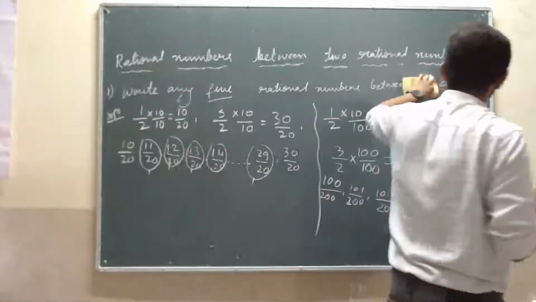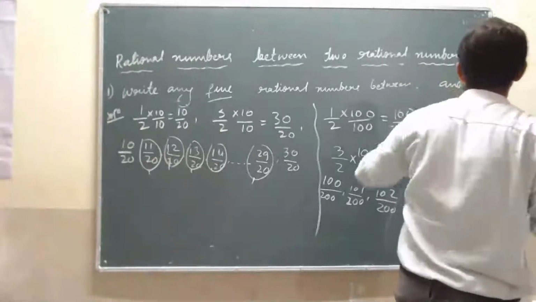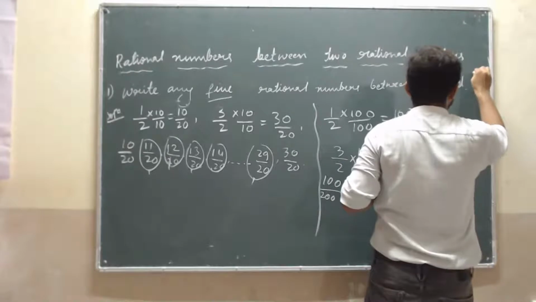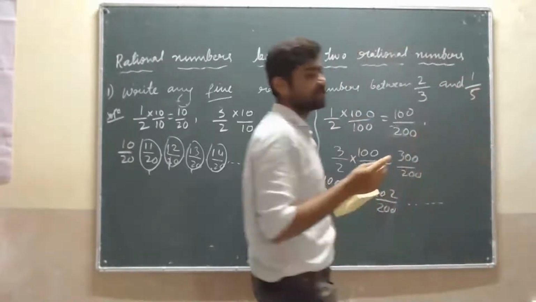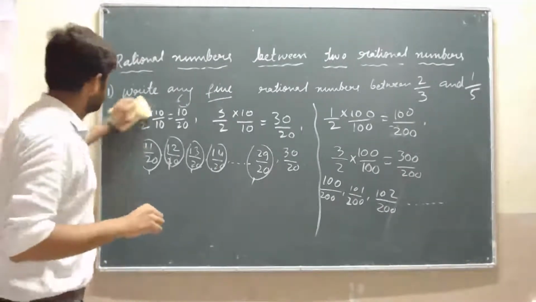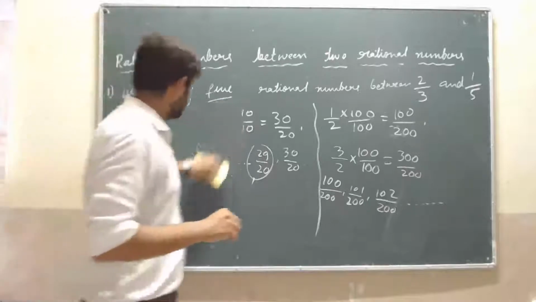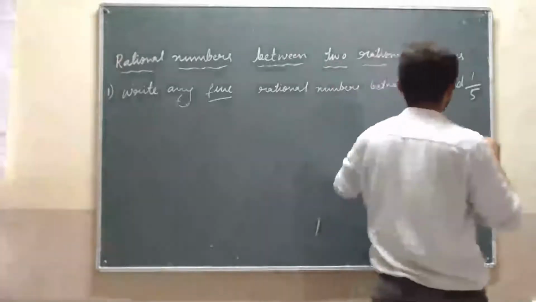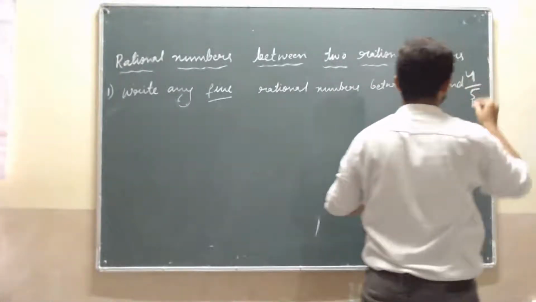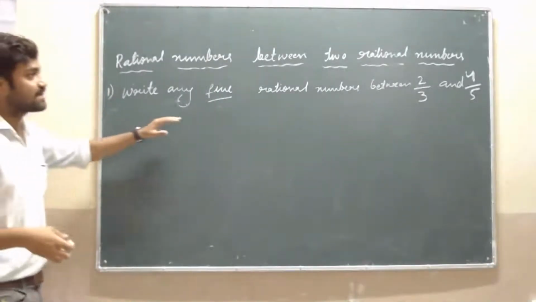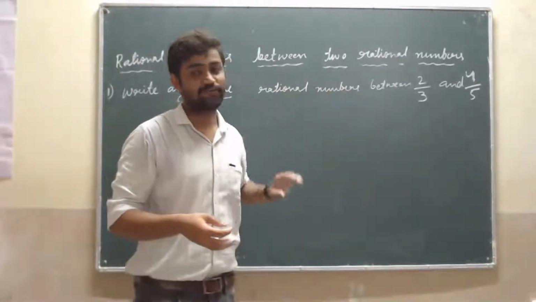Between 2 by 3 and, sorry, I will take 4 by 5 so that it will be easy. Any 5 rational numbers between 2 by 3 and 4 by 5.